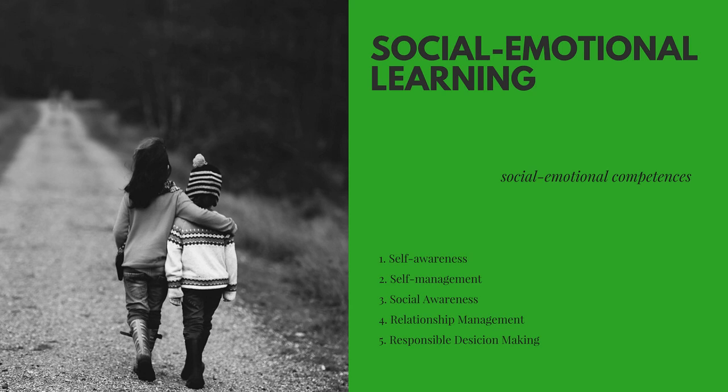Social awareness, the third one, is taking into account other people's opinions, thoughts, and differences. And relationship management, the fourth, is a competence emphasizing collaborative work. And the final one is responsible decision making.